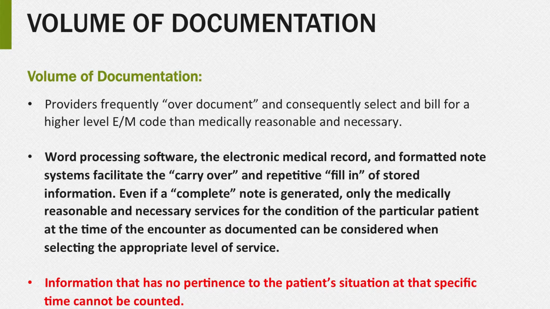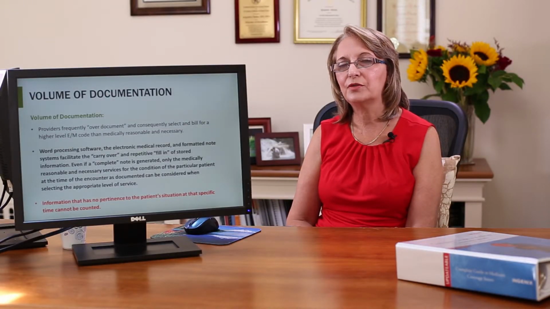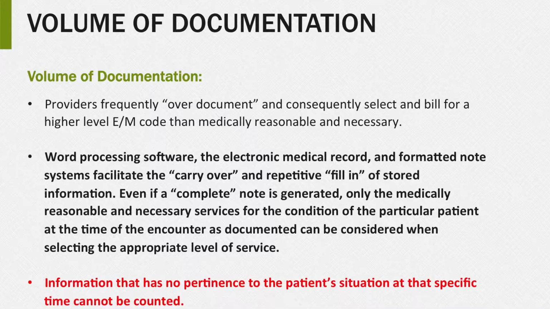For example, it's very easy to cut and paste or click through a comprehensive history and comprehensive physical examination. But if the medical decision indicates the patient is stable and came in for a prescription refill, the encounter will not be considered to be a level 5 or 99215 visit.